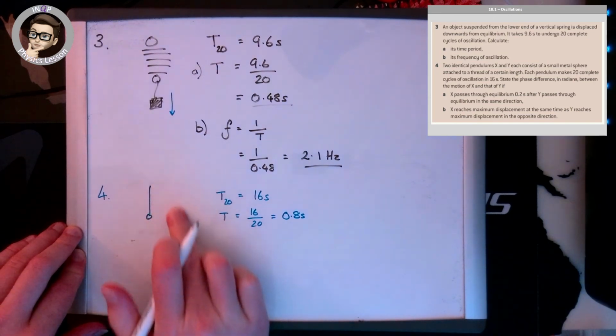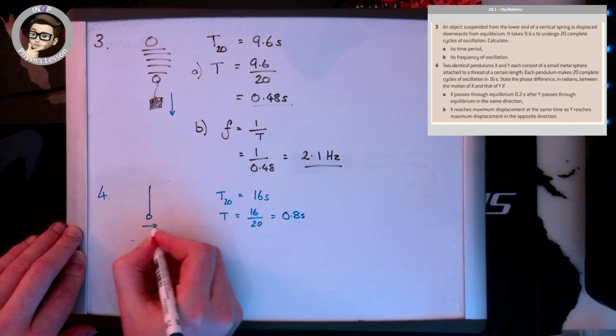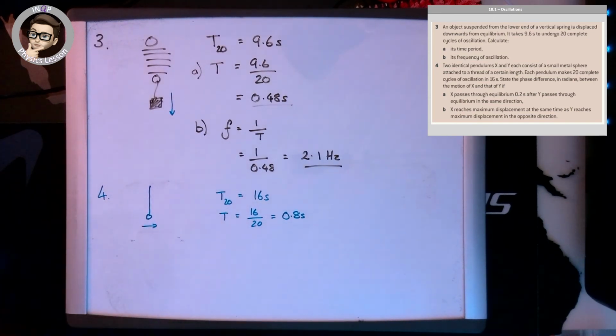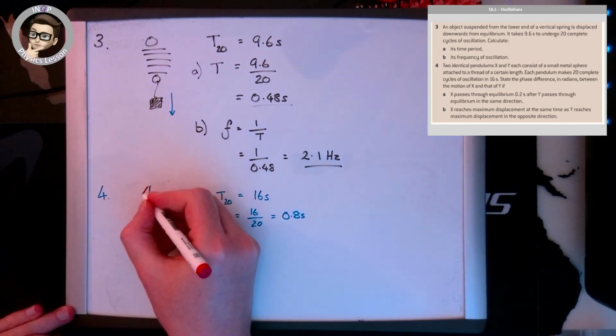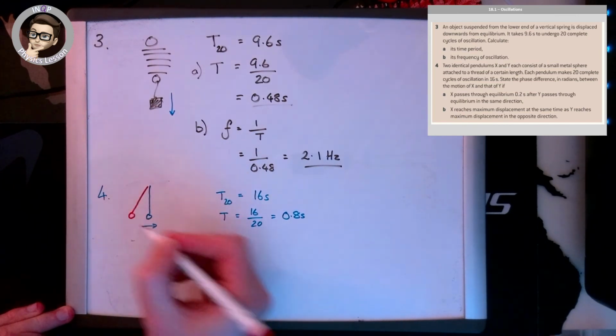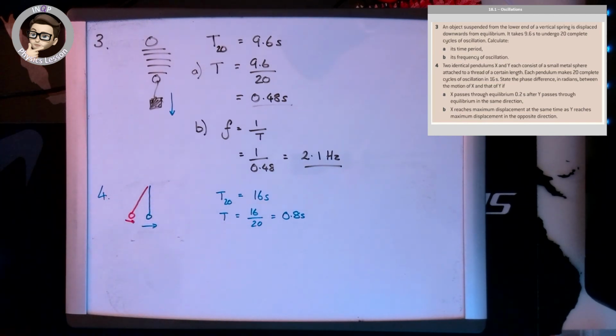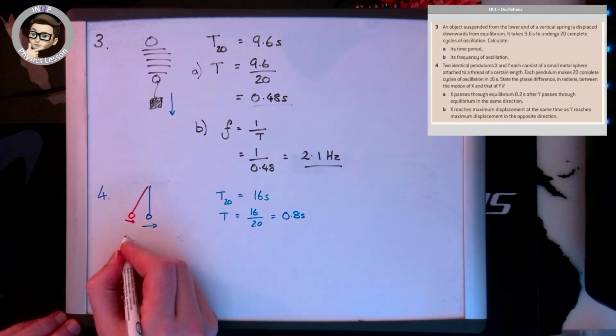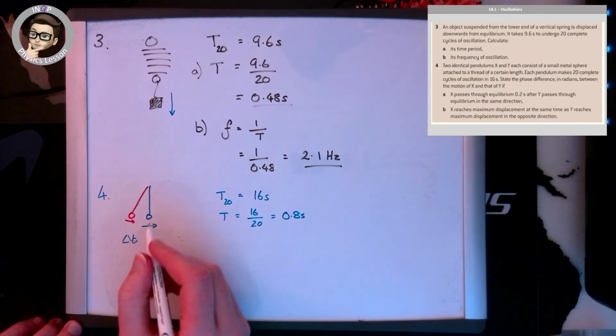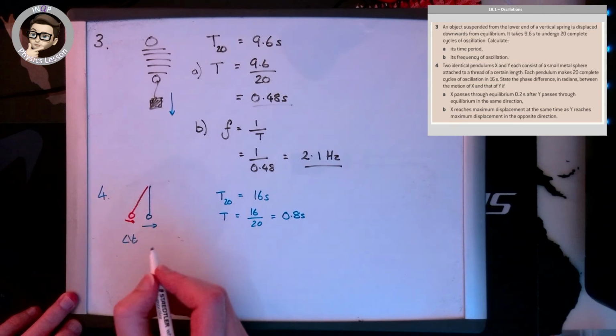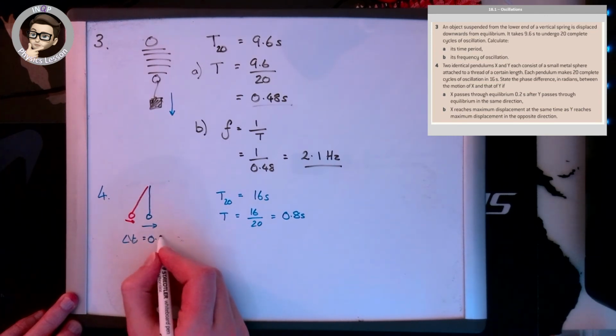So there's X passing through in that direction, and here we're saying Y, which we'll draw in red, is over at this point here, but also going in the same direction. So the time period between the two, so delta T, is going to be 0.2 seconds.